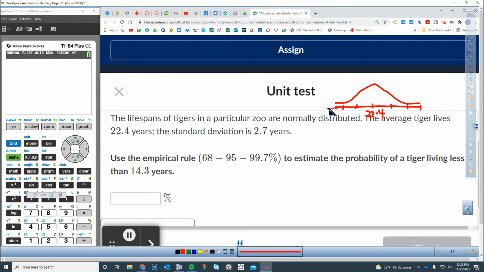Now, I hope you know by now why I use three and not four and not two, because three standard deviations to the right and to the left makes up about 99.7%. This is two standard deviations to the left and right, this is one standard deviation to the left and right, and that's why it's called the empirical rule. So 22.4 with a 2.7 standard deviation.